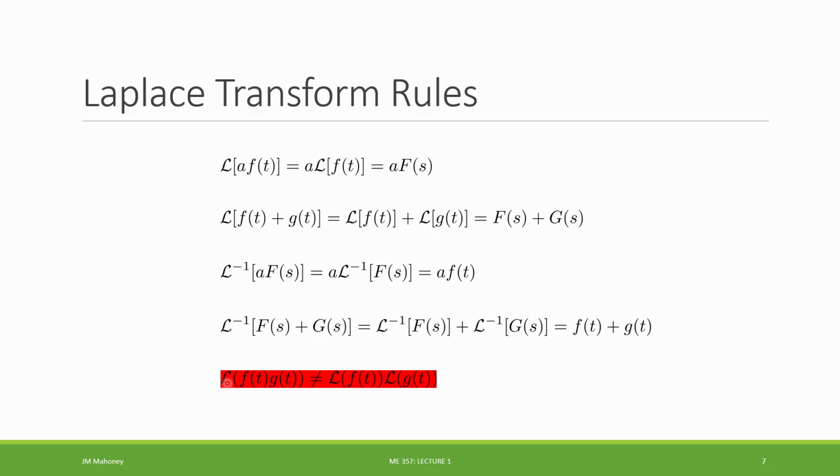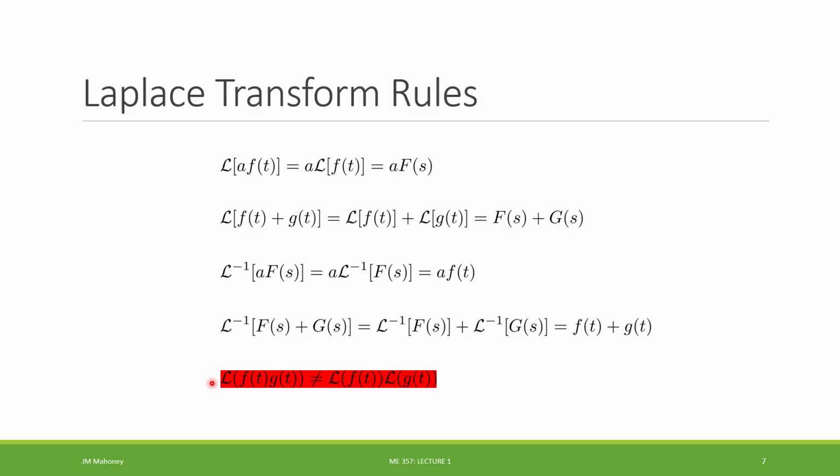So the Laplace transform of function f times function g is not the same as the Laplace of f times the Laplace of g. This is also the case for quotients. If I have the Laplace of f over g, I also cannot say it's the Laplace of f over the Laplace of g. So sums and differences, yes, that rule does apply like we see in 2 and 4, but for products and quotients, we cannot do that.